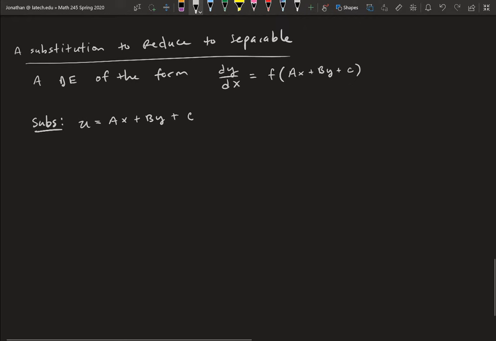All right, so let's look at what happens here. du/dx will be equal to a, basically differentiating both sides with respect to x, plus b times dy/dx. For dy/dx, I'm going to substitute in this thing. So dy/dx will be equal to 1 over b times (du/dx minus a).